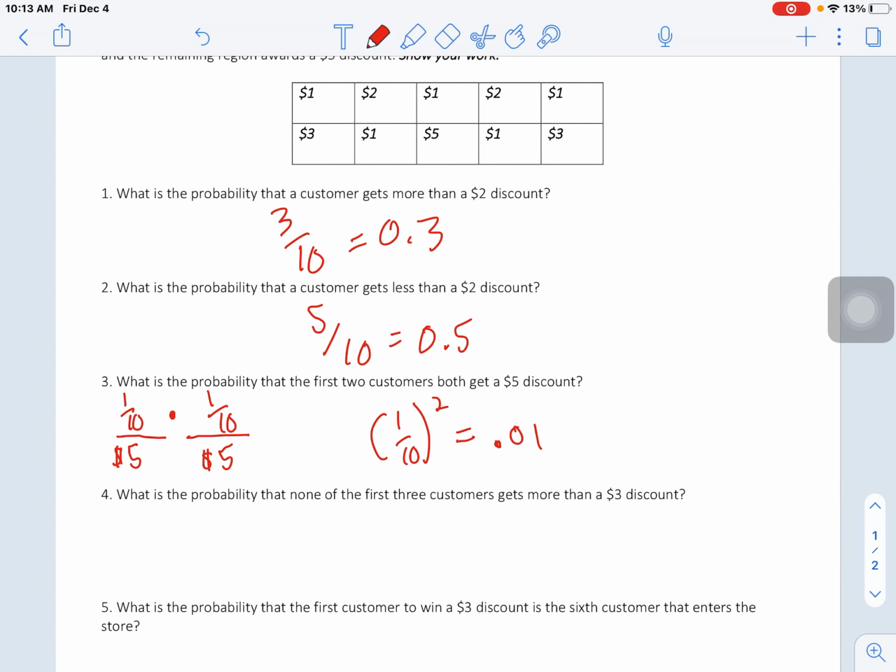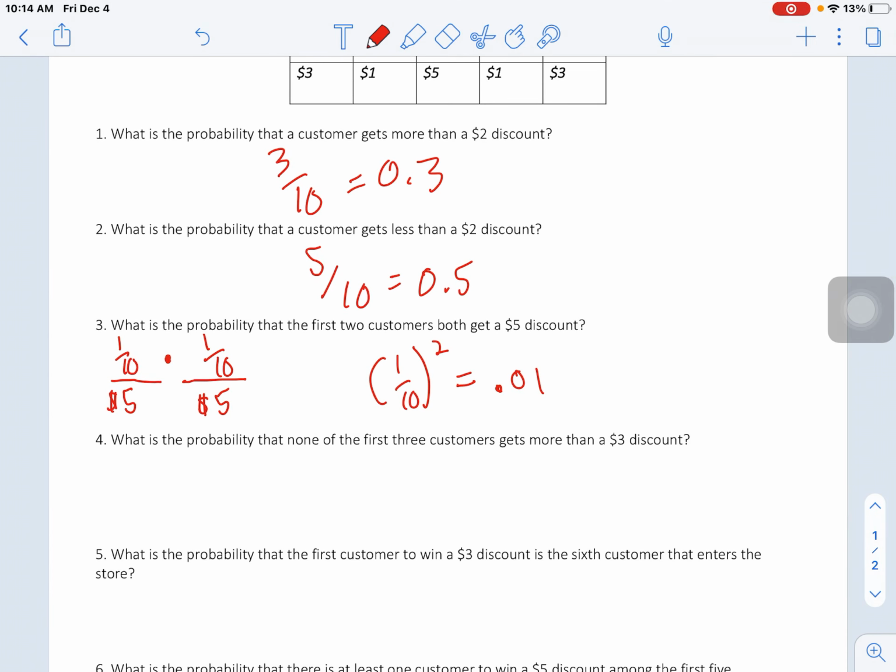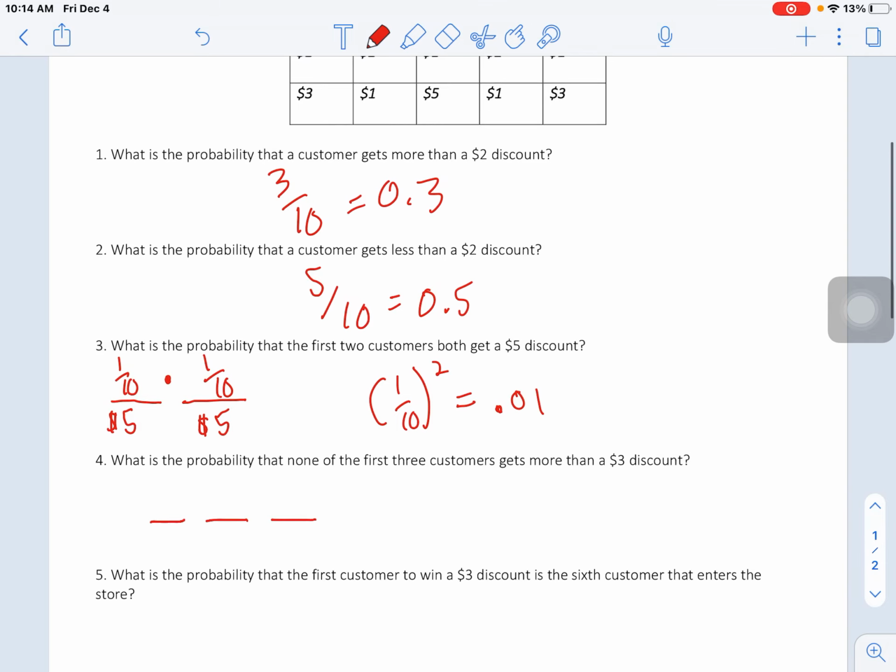Number 4, what's the probability that none of the first 3 customers gets more than a $3 discount? So we have 3 customers, and none of these get more than a $3 discount.